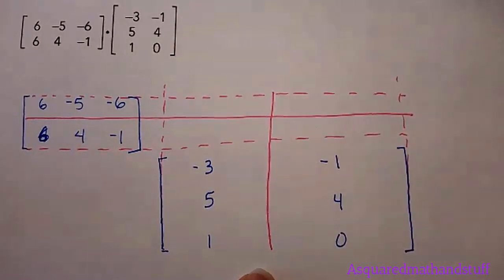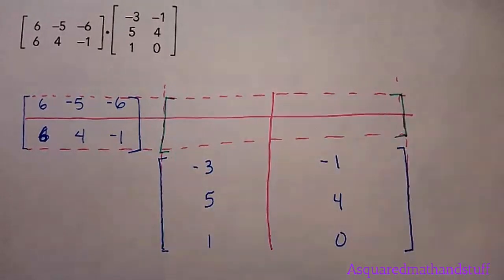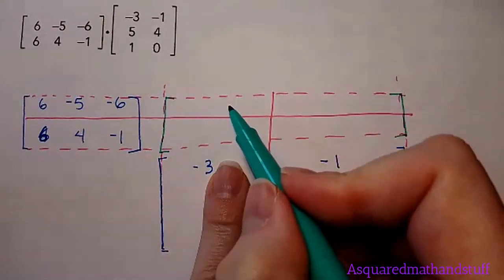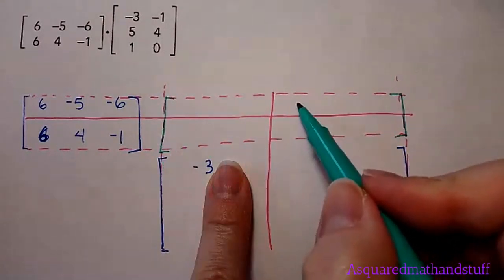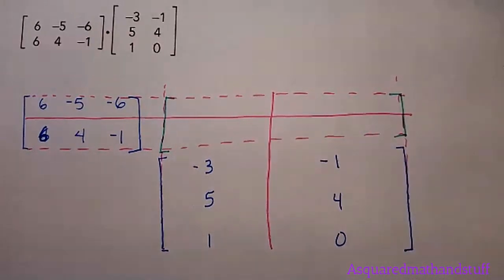So what ends up happening is this turns into our final matrix. We are going to have this matrix with the dimensions of a 2 by 2, and that's what we should have. This will be our row 1, column 1, row 2, column 1, row 1, column 2, and row 2, column 2 values. Let's see how we ultimately do this.